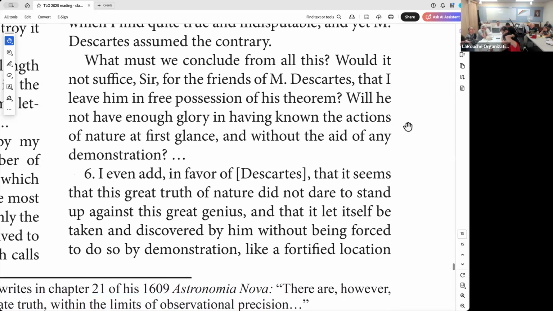Would it not suffice, sir, for the friends of Monsieur Descartes, that I leave him in free possession of his theorem? Will he not have enough glory in having known the actions of nature at first glance and without the aid of any demonstration? I even add in favor of Descartes that it seems that this great truth of nature did not dare to stand up against his great genius, and that it let itself be taken and discovered by him without being forced to do so by demonstration.